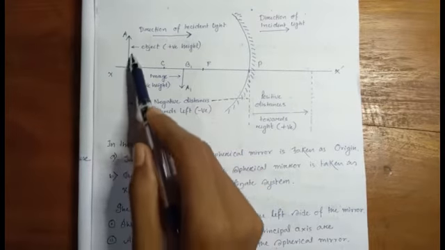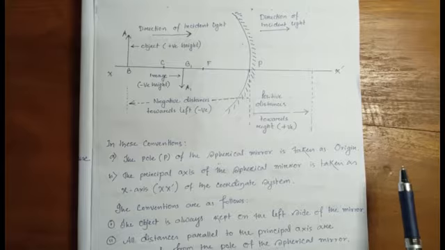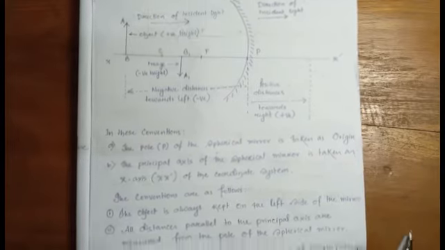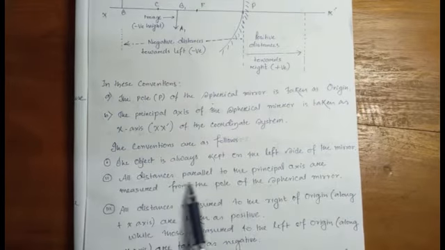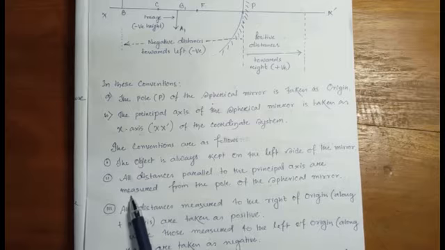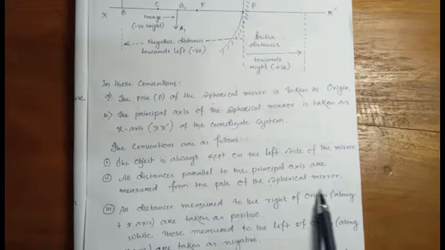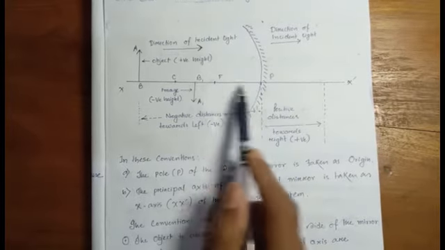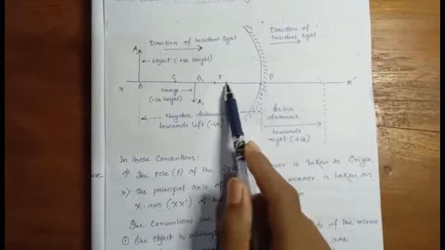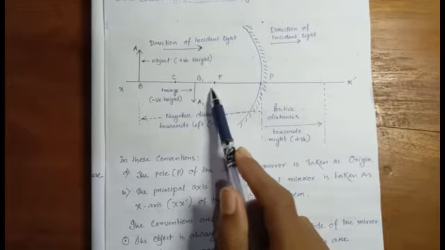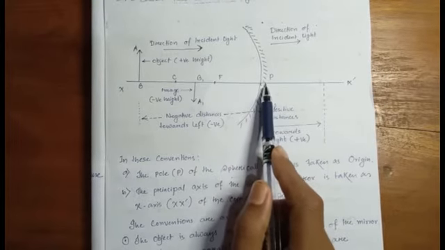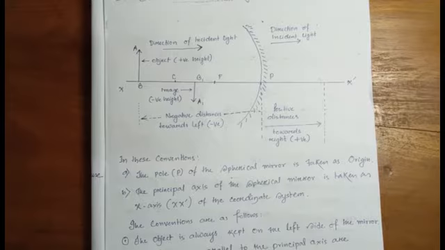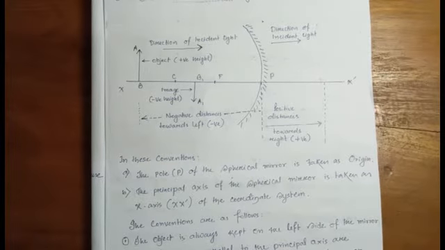Number 2, the distances parallel to the principal axis are measured from the pole of the spherical mirror. So any distance, maybe the object distance, the image distance, or the distance of principal focus, all distances parallel to the principal axis will be measured from the pole of the spherical mirror.